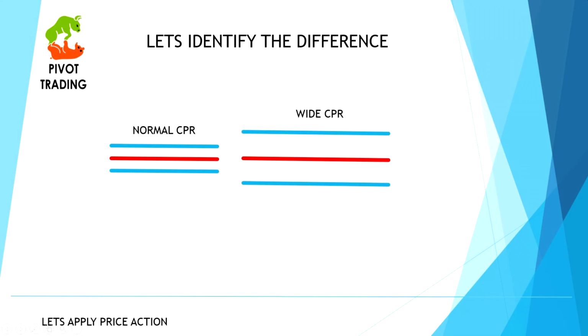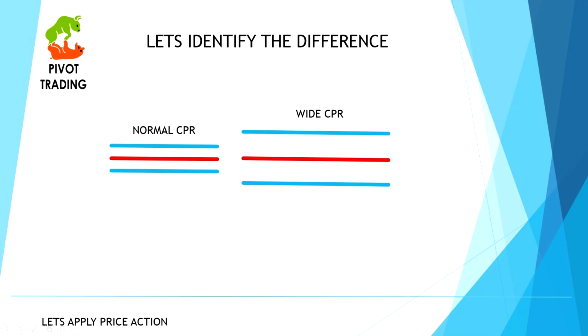Okay, let's move on. In this diagram, we will learn about the difference between a normal CPR and a wide CPR. Like on the previous chart, on the left, we see a normal CPR will have the top central pivot line and the bottom central pivot line, not too far and not too close from the pivot point.